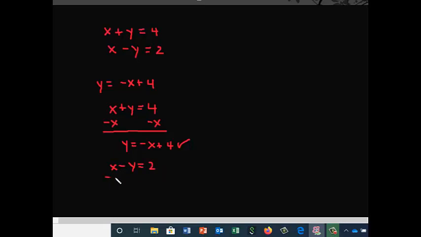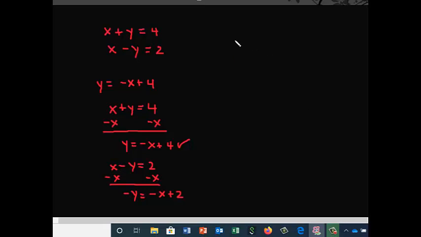So this will be negative y is equal to negative x plus 2. Now again, we want to solve for y, not negative y.